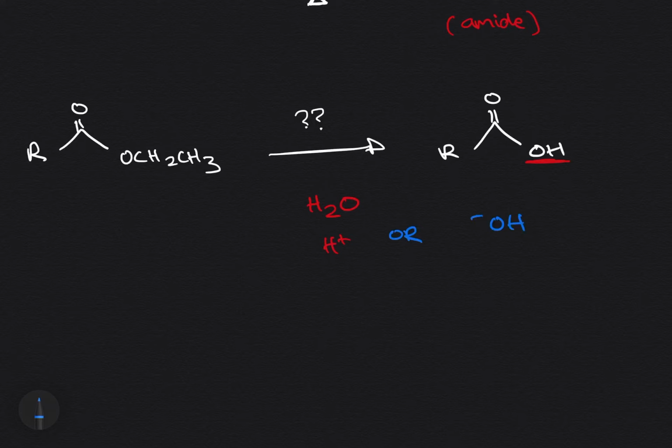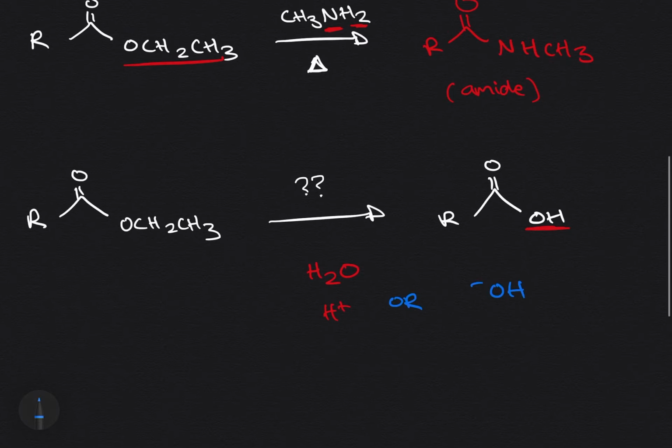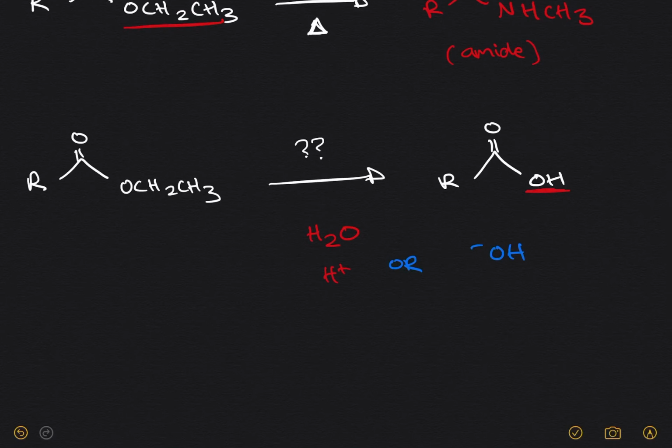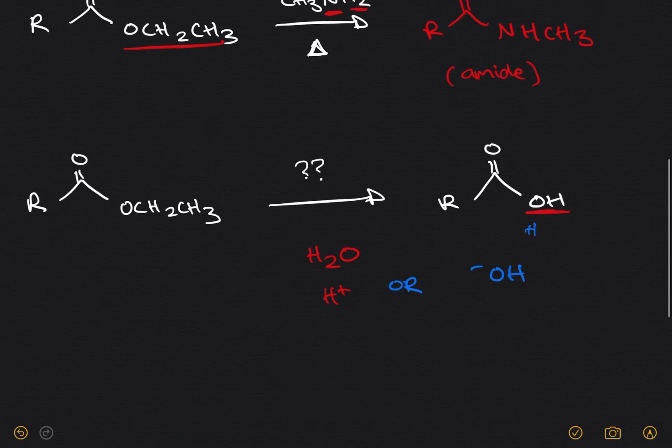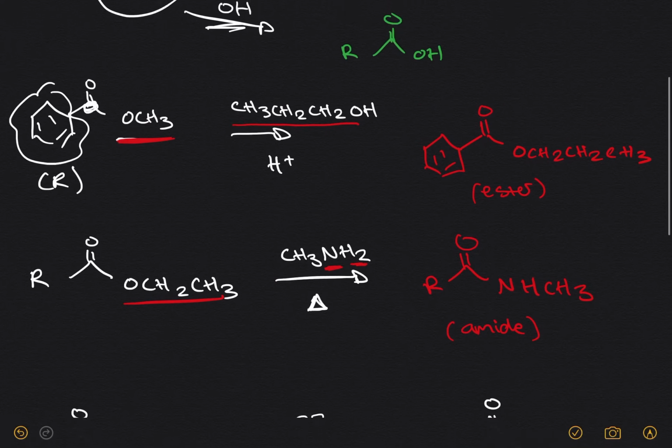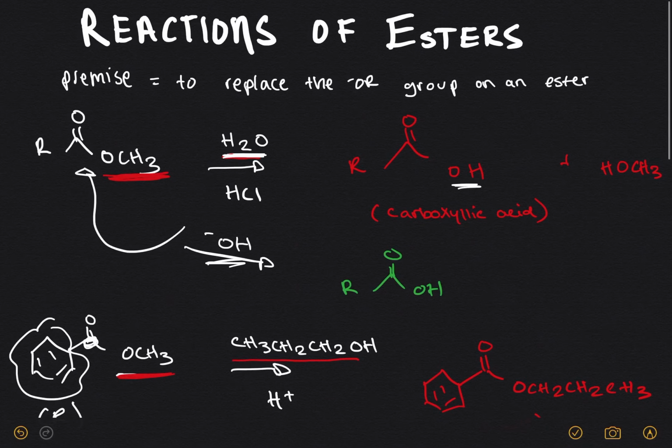That would get the job done too. So for these retro ones where you're looking back, thinking backwards for a second, just add an H if you want, and remember the acid, or you can just do a minus molecule and add literally whatever group you had there at the end. Okay, so I hope that helps to visualize the reactions with esters.